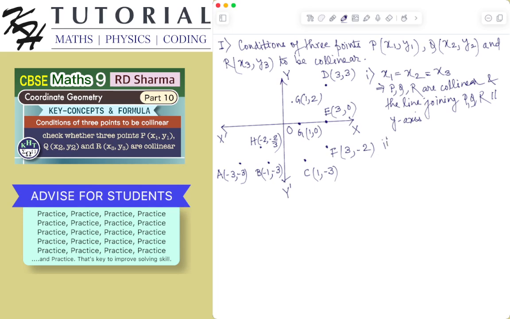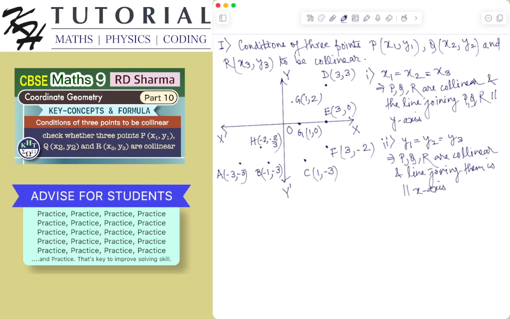Case 2 is if the ordinates of all the points are equal, that is y1 is equal to y2 is equal to y3, then this will imply that P, Q, R are also collinear, and the line joining them is parallel to the x-axis.